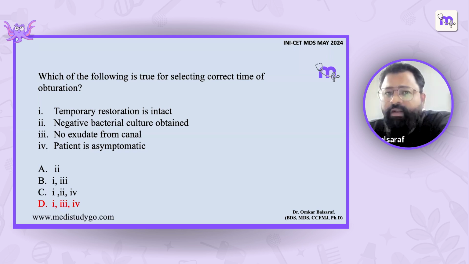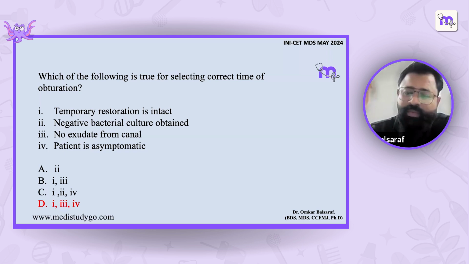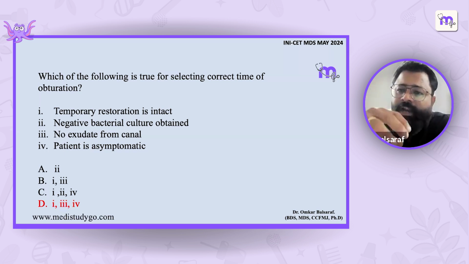Negative bacterial culture obtained. This is very, very technique sensitive, and it was done earlier. It was also called culture testing, wherein you just swab the canal and make a culture out of it, and check whether any kind of bacterial growth is there in the culture or not.